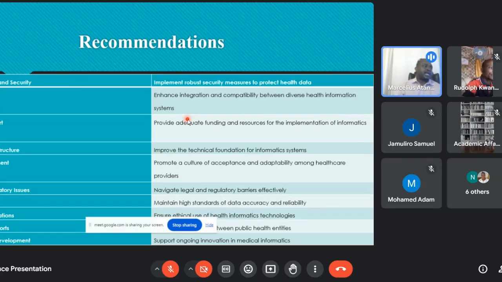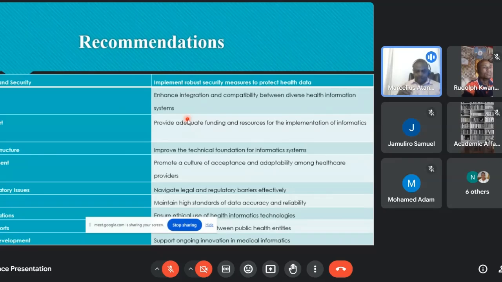And this implies states should be able to give subventions to universities, to health institutions, to enable them acquire latest technology that is approved by the health board. Enhance technical infrastructure, just what we discussed.